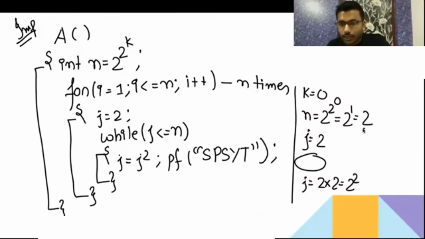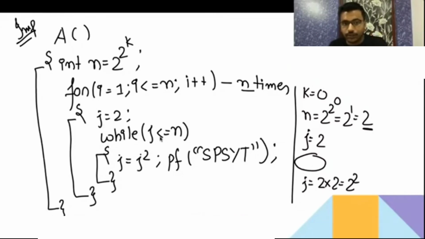So for n equal to 2, for i equal to 1 it has executed 1 time, then again i equal to 2 it has executed 2 times. Okay, please let me know whether it is clear or not. What I am saying is, when i is equal to 1, this thing will get executed, and this is going to execute only one time.